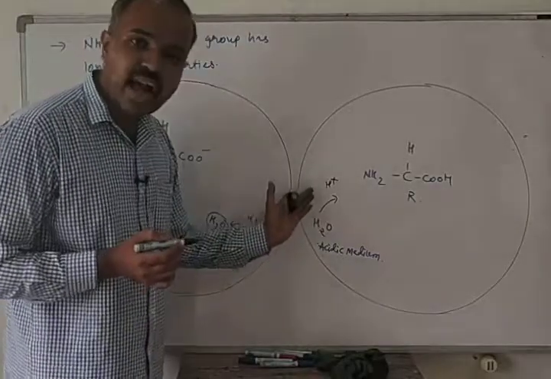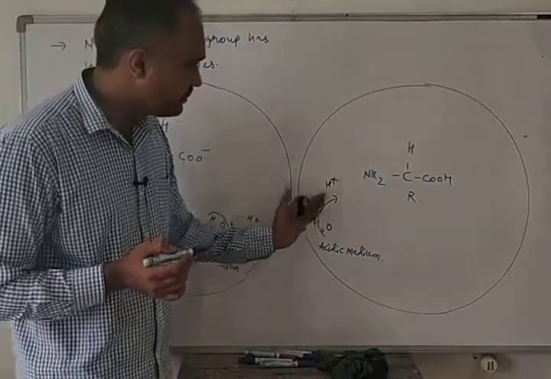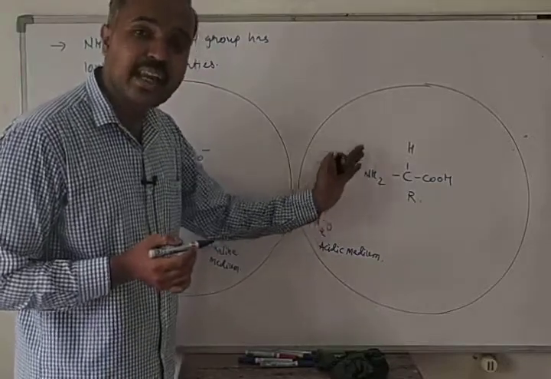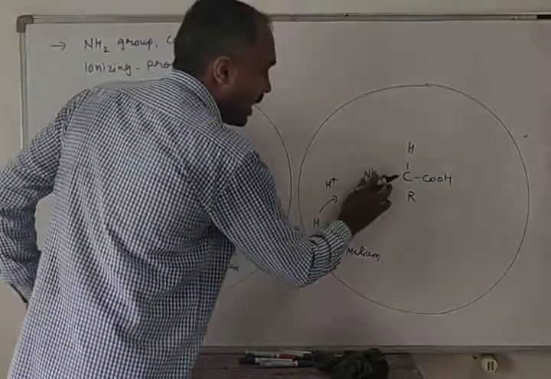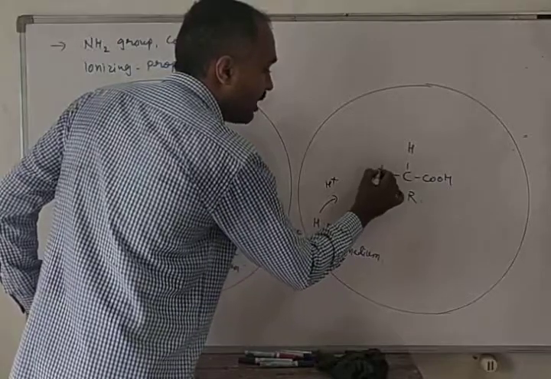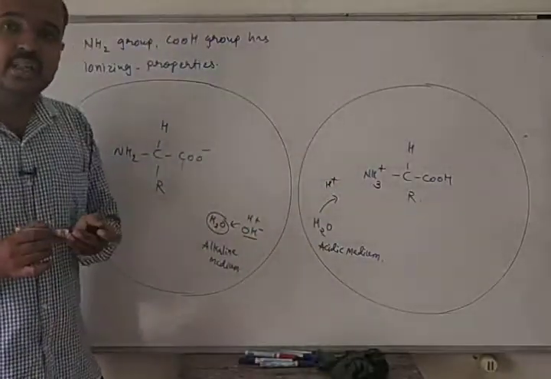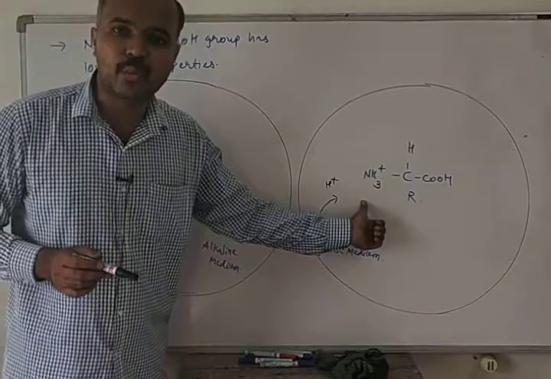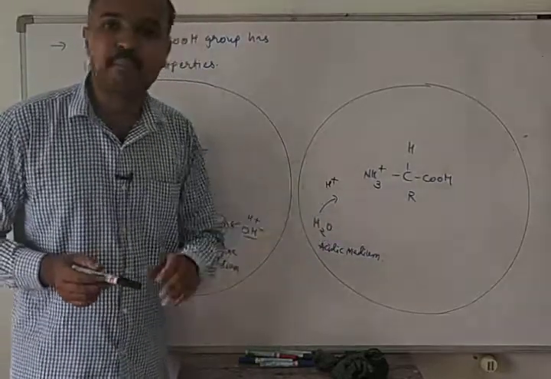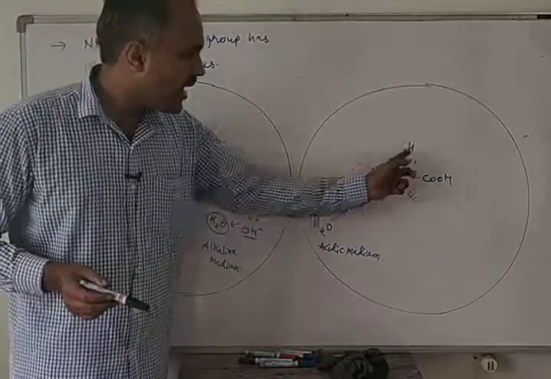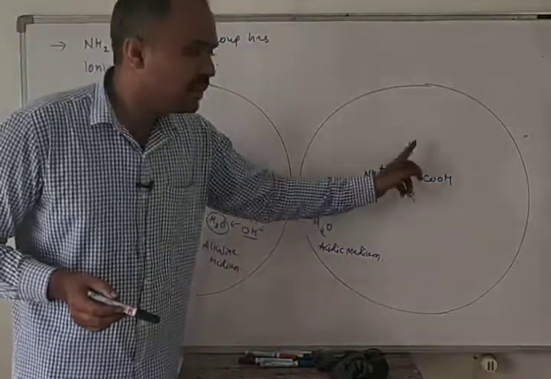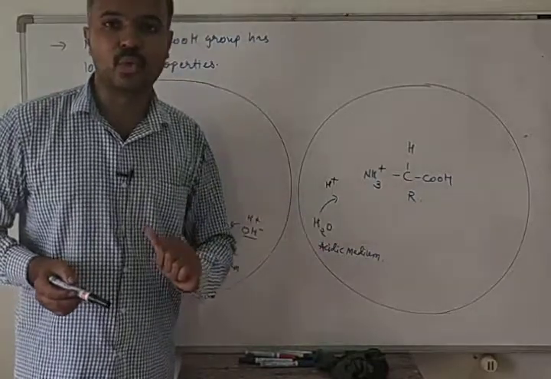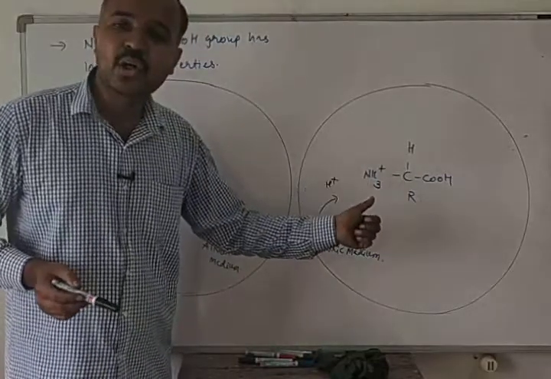And this extra hydrogen will get incorporated on the amino group, and it will develop positive charge. Here extra hydrogen cannot be incorporated on this group.